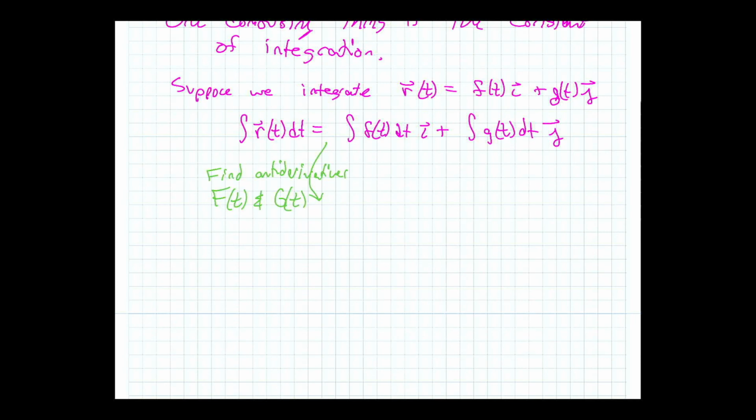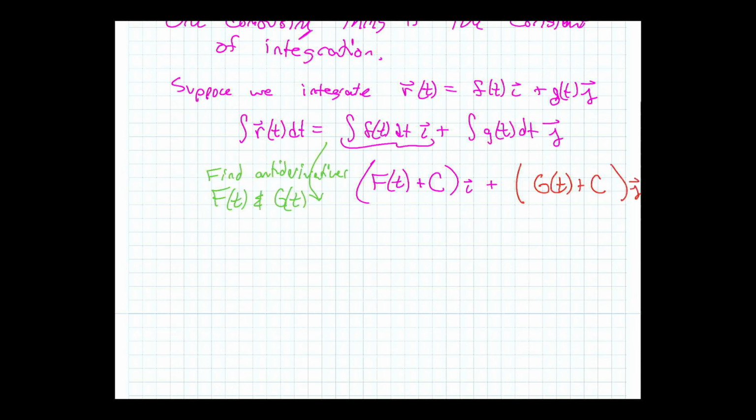So let's use different colors here, I think. For the first one, you do this integral, you get capital F of t, but you just did an indefinite integral. That means there's a constant of integration. So there's a plus C, right? So you have that i. But then for the other one, you get the antiderivative of g, but you're going to get another constant, right?